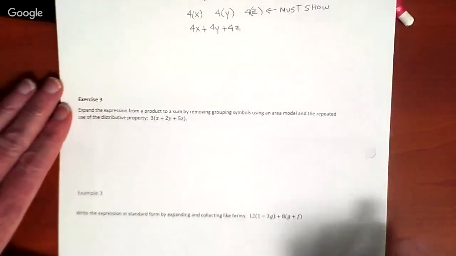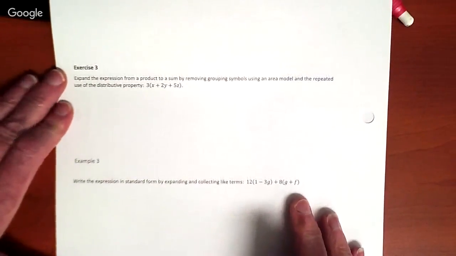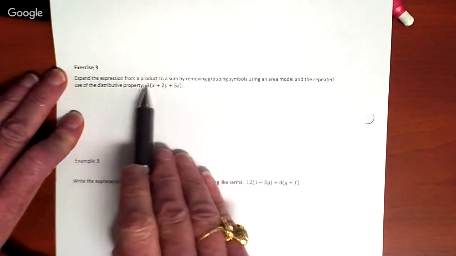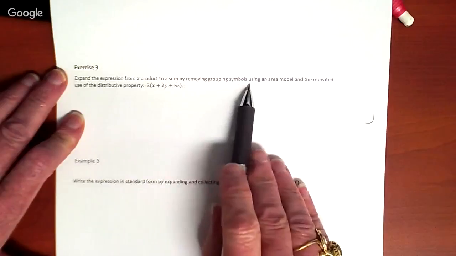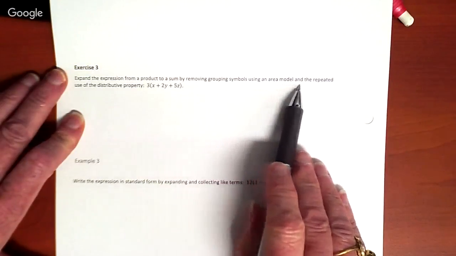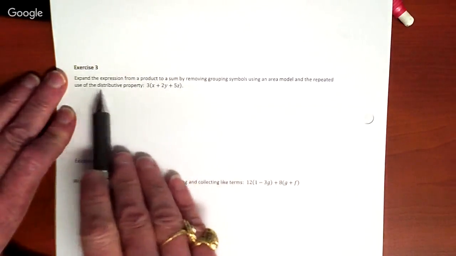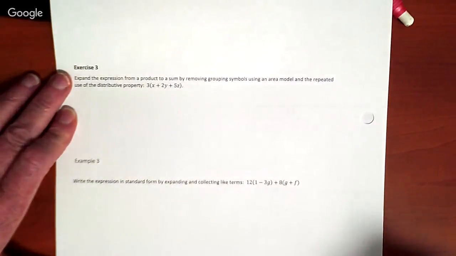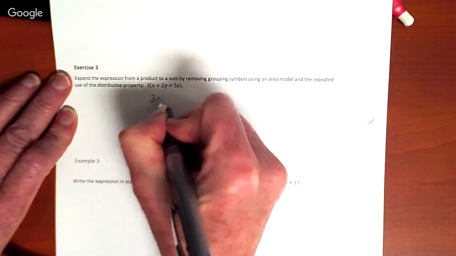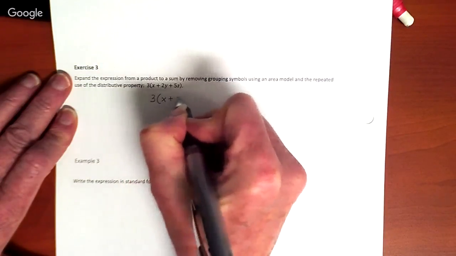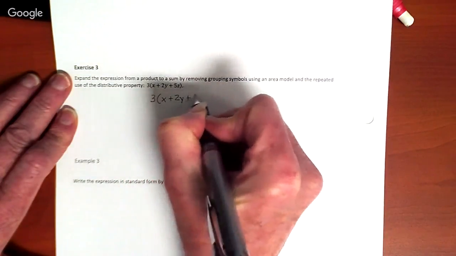So my next example says expand the expression from a product to a sum by removing the grouping symbols using an area model and repeated use of the distributive property. So we're going to be using that distributive property. So we have 3 times the quantity x plus 2y plus 5z.